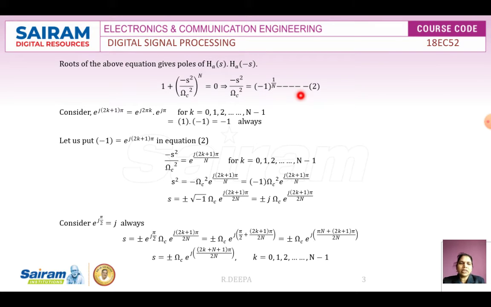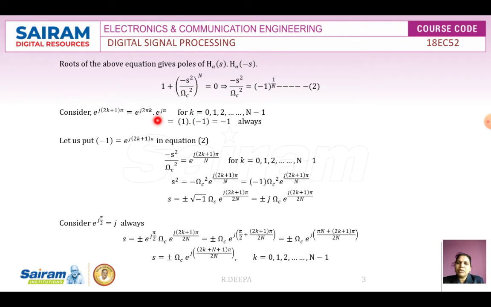And then as you know, e power of j(2k+1)π can be expanded as e power of j2πk into e power of jπ. Once you split this, e power of j2πk, for any value of k you substitute, 0, 1, 2, 3, you'll be getting 1.